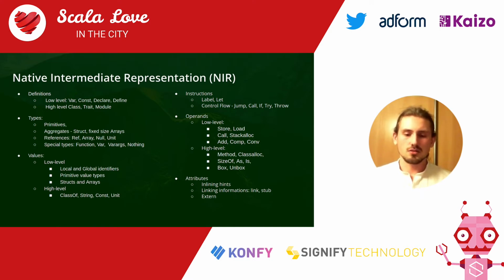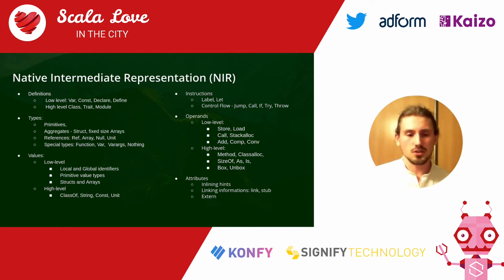It's an additional format that is introduced to make a mix of the TASTy type system as well as LLVM IR, to which Scala Native is, in the very end, compiled. So it's mainly based on LLVM IR, and contains a subset of its low-level operations like stack allocation, loading, storing, adding values, etc.